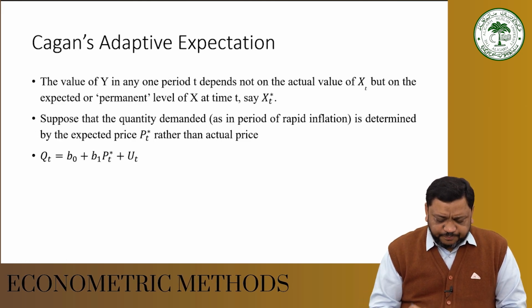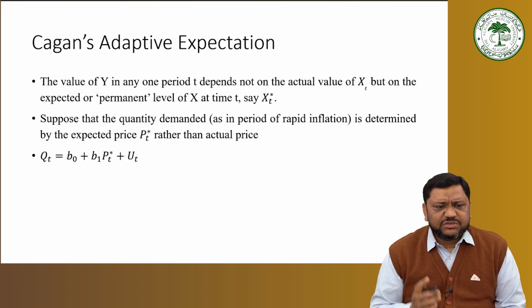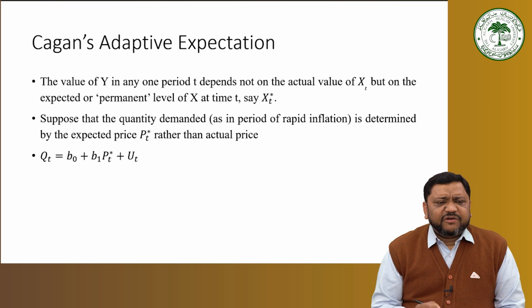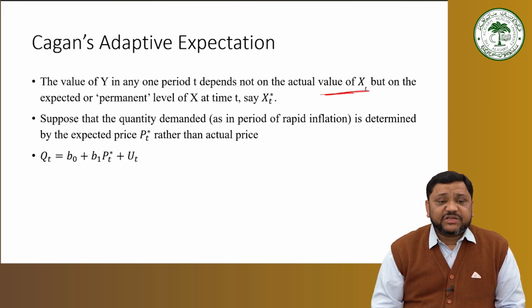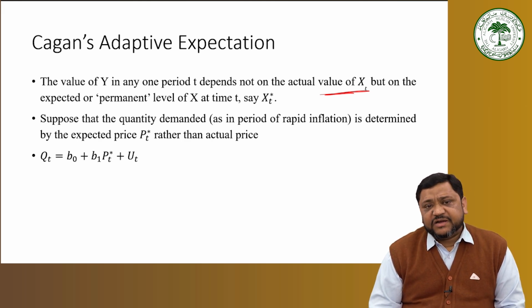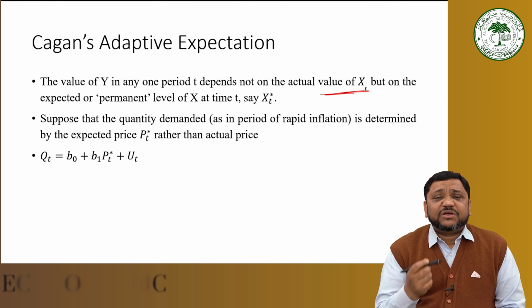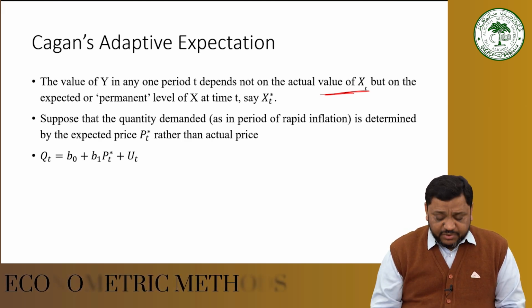This is also based on a behavioral hypothesis, this Cagan's adaptive expectation. We can relate that the value of y in any one period depends not only on the actual value of xt but also on the expected or permanent level of x at that time, that is xt asterisk. It is the same as today's consumption, which depends not only on the transitory income, but on the permanent income.